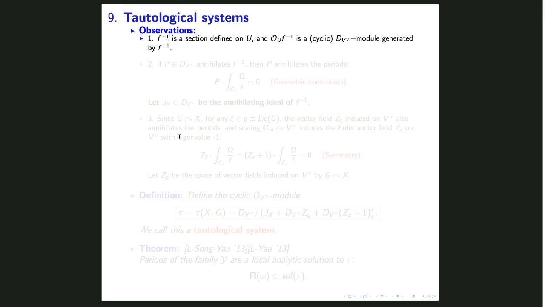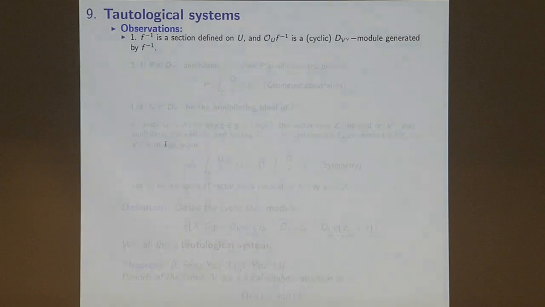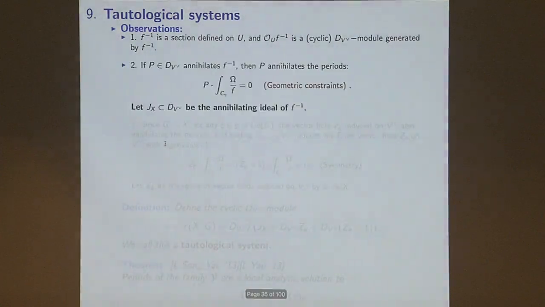Okay, so a couple of three observations. If you look at the reciprocal of the universal section, which is a function defined on U, and you look at the cyclic D-module generated over the structure sheaf O_U, so look at this sheaf. This turns out to be a cyclic module of D_V check. Now pick a differential operator P that annihilates the function 1 over f.